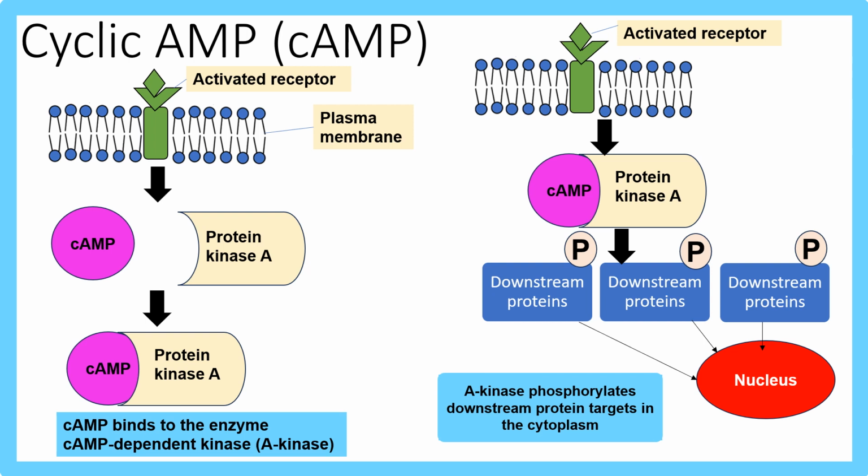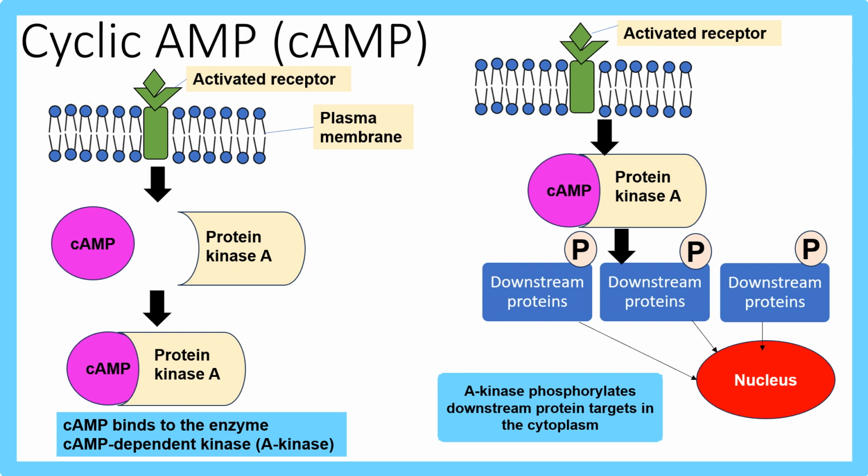Now, when cAMP is being produced, it needs to bind with protein kinase A to activate protein kinase A. Once protein kinase A is activated, that leads to phosphorylation of downstream proteins. Okay, so there's an addition of the phosphate group and each of these proteins become activated, and these protein targets are found within the cytoplasm.